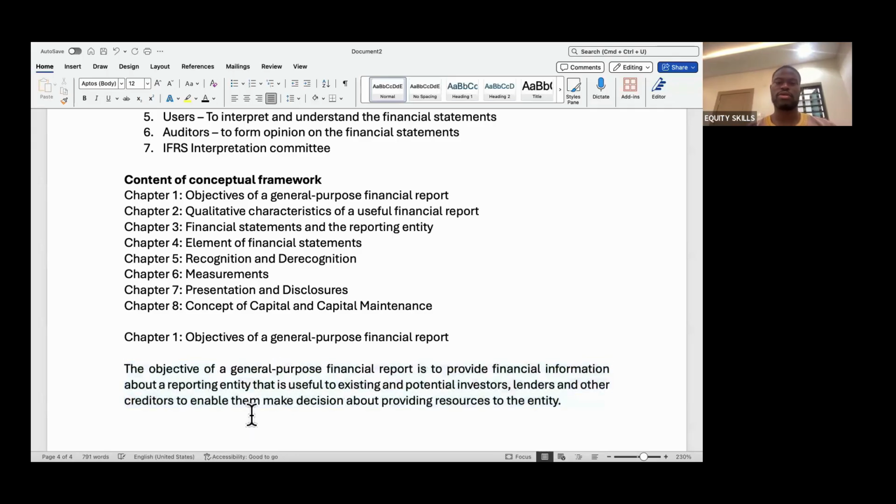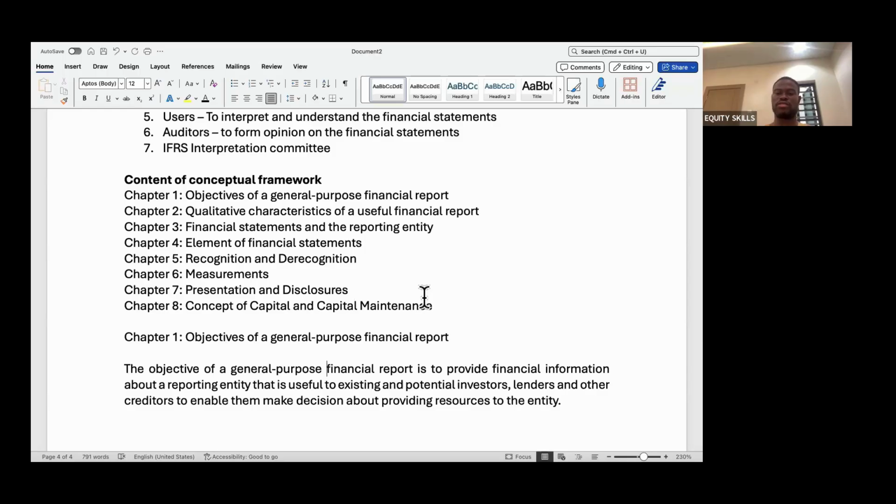So this you need to know as a financial reporting student, that the objective of a general purpose financial report is to provide financial information about a reporting entity that is useful to existing and potential investors, lenders, and other creditors to enable them make decision about providing resources to the entity.